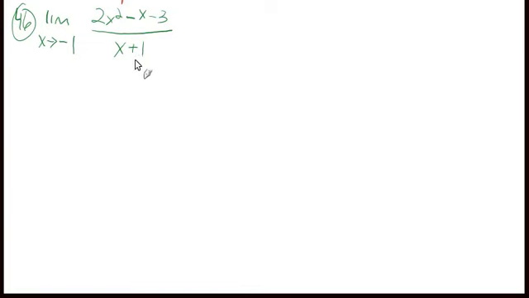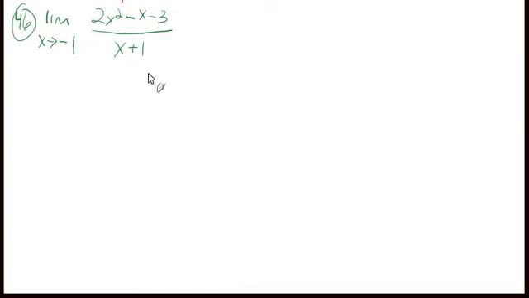Number 46. The limit as x approaches -1 of 2x squared minus x minus 3 over x plus 1. Okay.